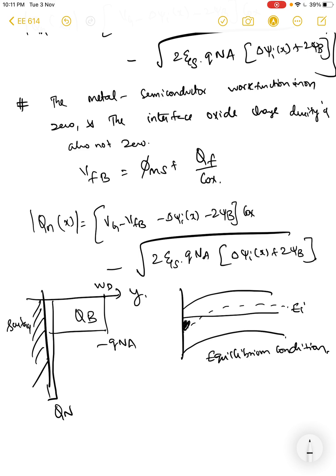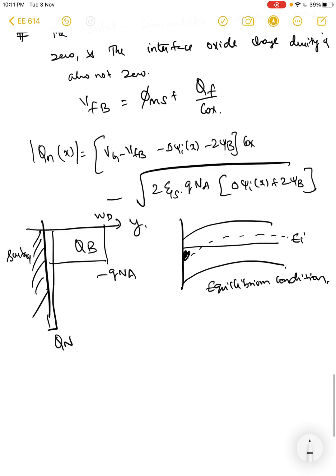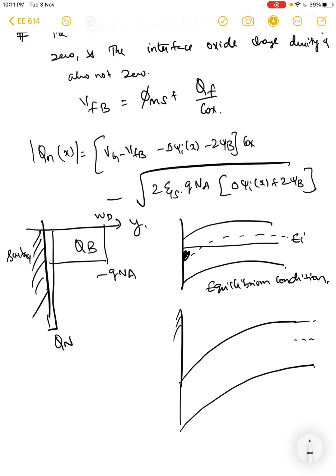And when I apply the drain bias, I have something like this. Once again, this is the surface.